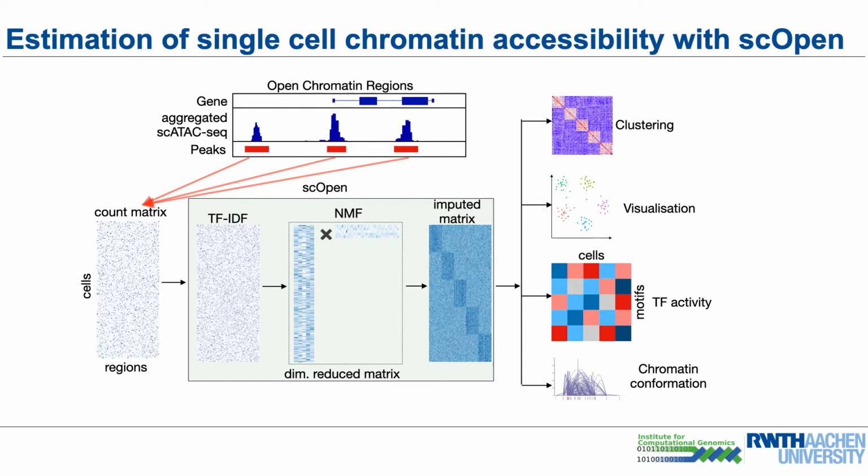The output is another matrix where each element represents a score of a peak in a cell. Also, SOpen can provide a low-dimensional matrix.